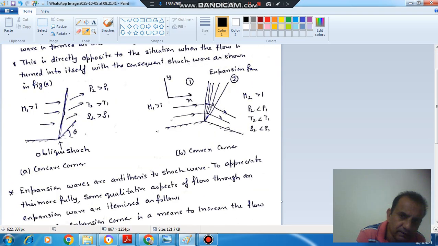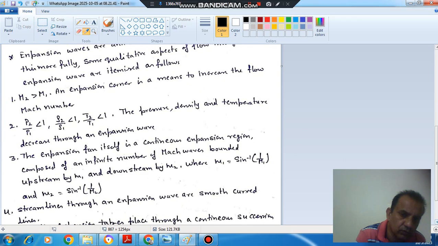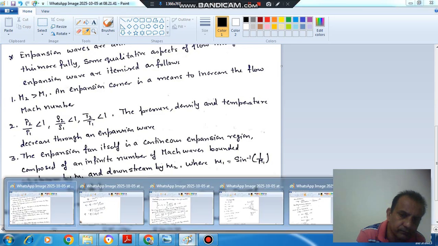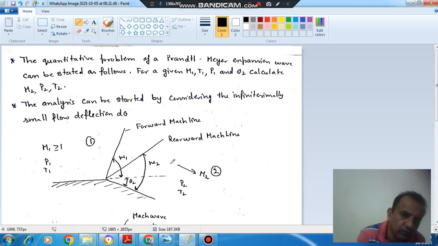So if we analyze this expansion fan, the front line is called the forward Mach line, and the rear line is called the rear Mach line. And there are many lines in between, or we can say infinite lines in between. That's why it is called an expansion fan. The first line, the forward Mach line, makes an angle mu1 with the direction of flow.